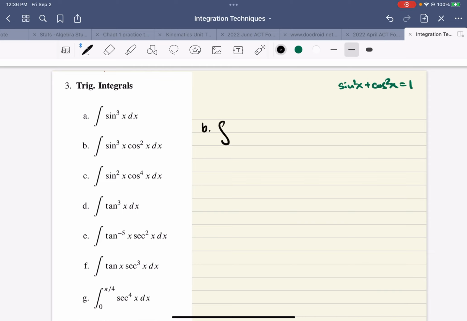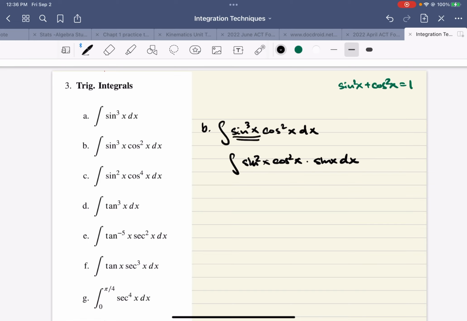So B, integral sine cubed x cosine squared x. Make sure you always change the odd power one. So the odd power, this one: integral sine squared x cosine squared x times sine x dx. You change it like that.